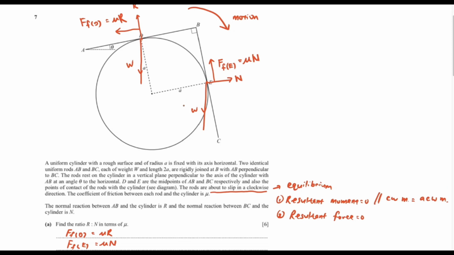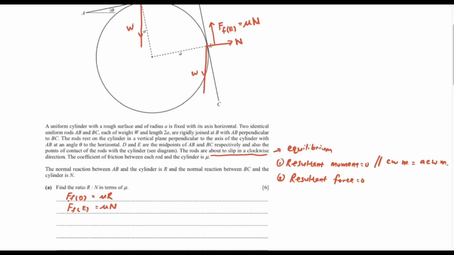Okay. So now what we need to focus on is the two rods here. We don't focus on the cylinder. It seems like the information on the cylinder is not enough. So we focus on the forces acting on the rod only.